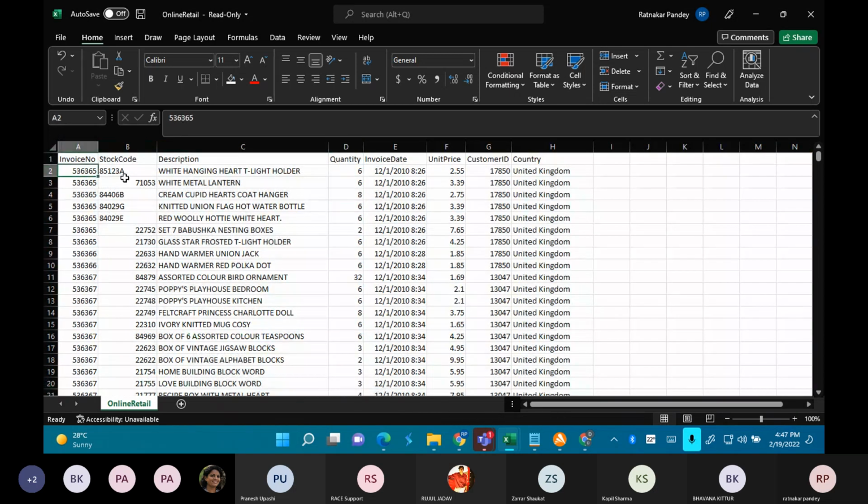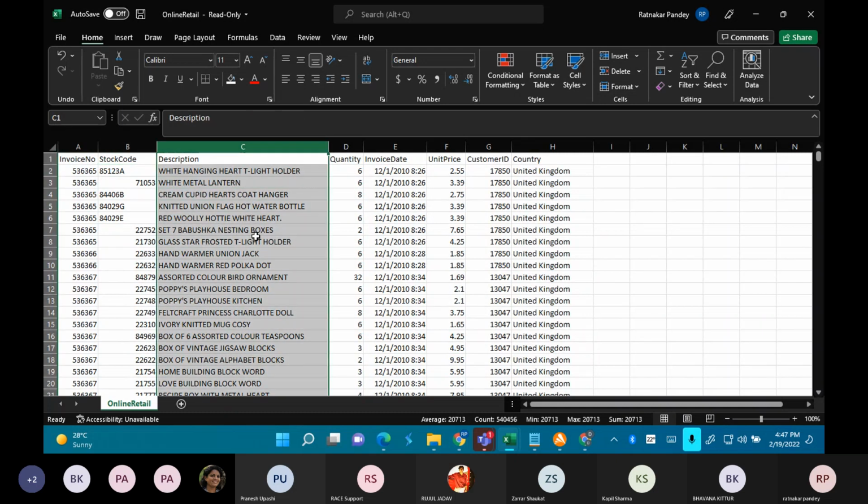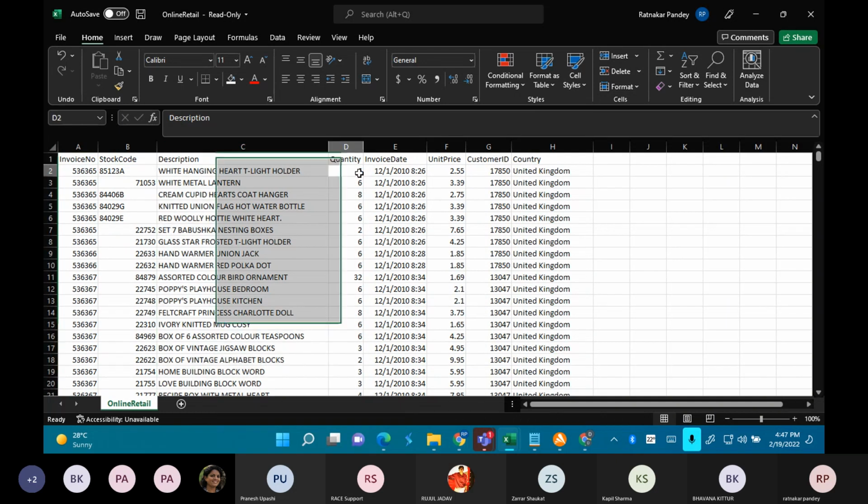Stock code that you can ignore. Description, what was the item bought? How many items were bought together? When did they buy this? What was the unit price? What is the customer ID? Which country they bought it from? So it's a proper working data that you can expect from retail.